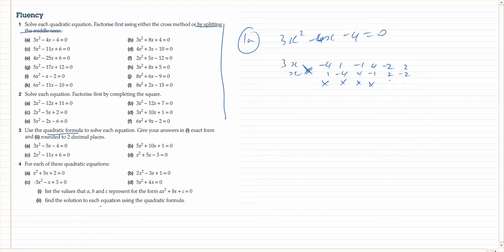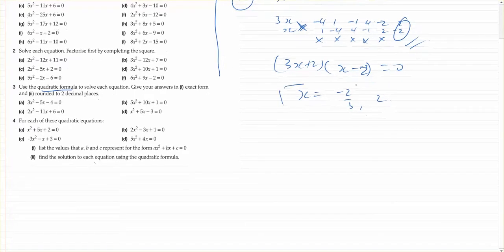Let's try. That doesn't work. So this works because 3 times negative 2 is negative 6. Negative 6 plus 2 is negative 4. So that works. So we've got 3x plus 2, read across, x minus 2 equals 0. So x would equal negative 2/3 and 2.